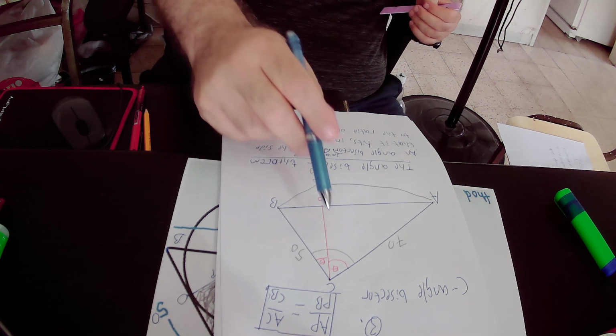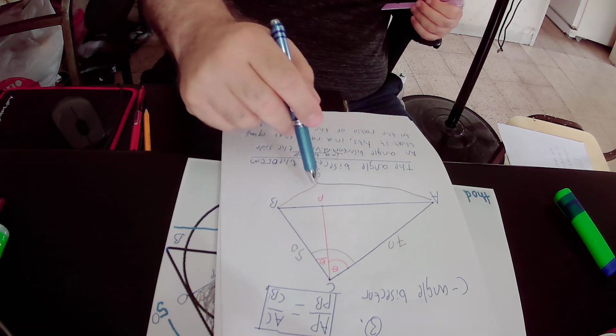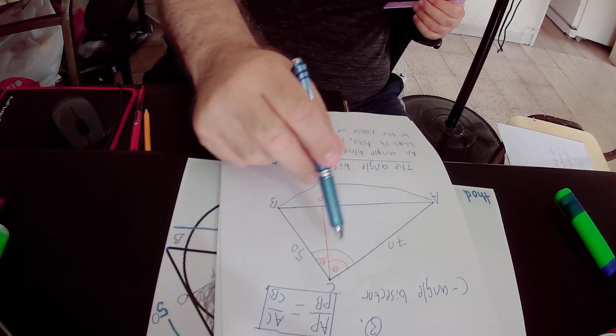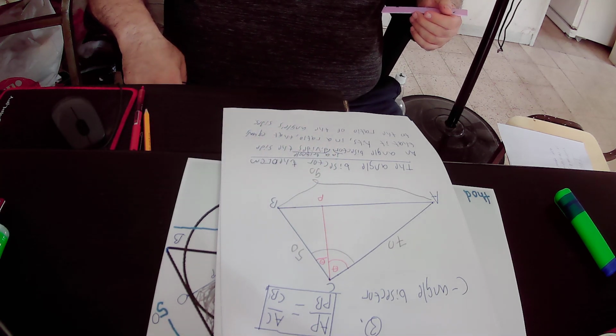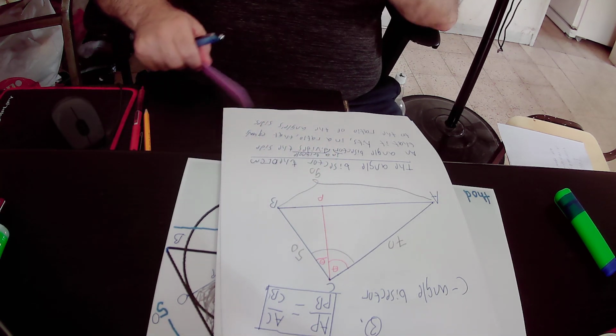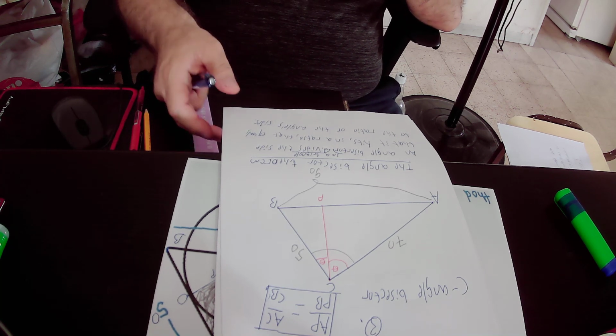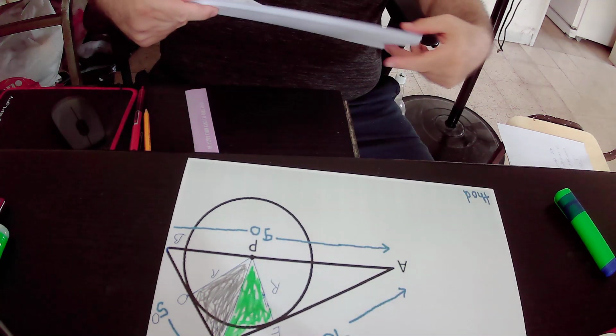So AP over PB equals AC over CB. Okay, so I will repeat again.